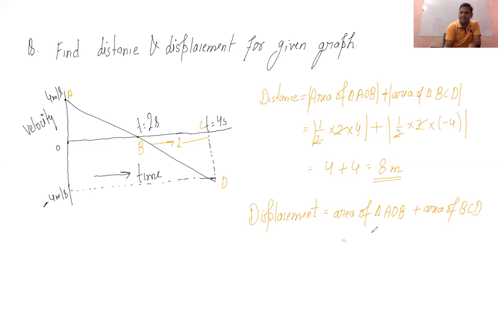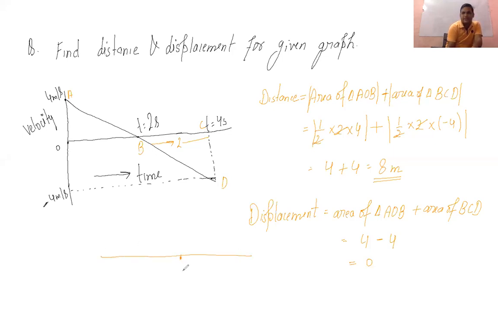It will be simply 4 and minus 4. So displacement is 4 minus 4, so it will be 0. Displacement is 0. You can understand it this way. How can you understand? So you can say the object is starting here.